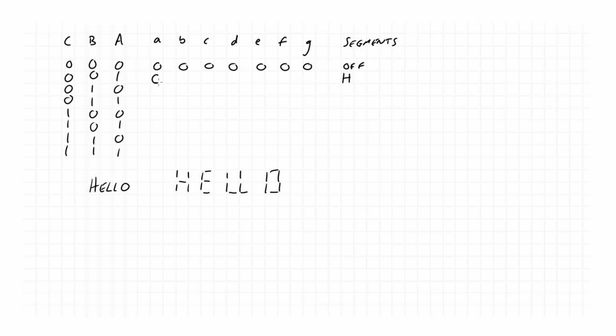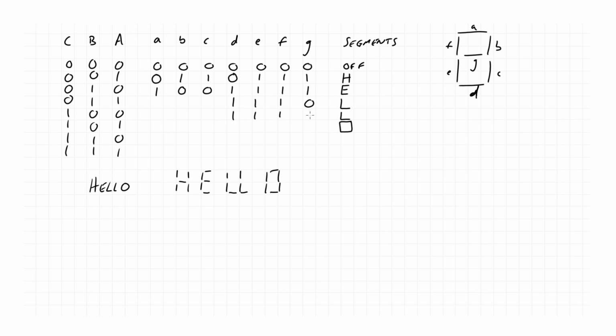For the H, only A and D are low. All the others are high. For the E, segments B and C are low. All the others are high. Then for the L and the O, if we just remind ourselves of the segments, for L we need D, E and F to be illuminated.